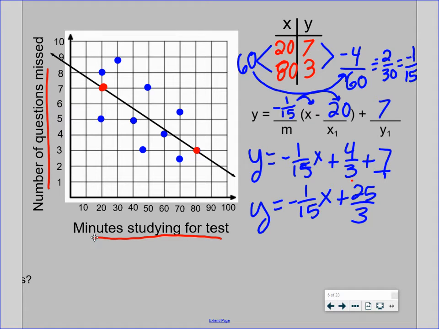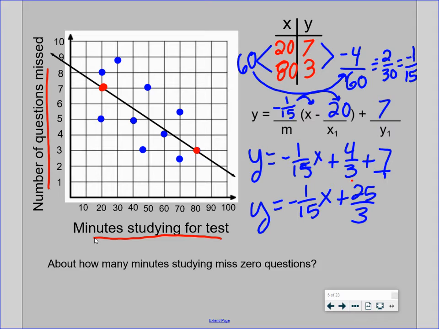I have another question for us, and some questions will be like this on your homework. So now that we have the equation of our line, if we use this equation of the line to answer this question, how many minutes of studying do we need to not miss any questions? To miss 0 questions, how many minutes do we study? What would that be? Well, let's see. How many minutes studying?